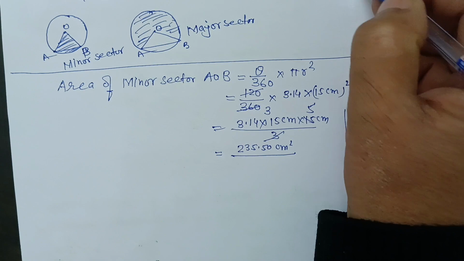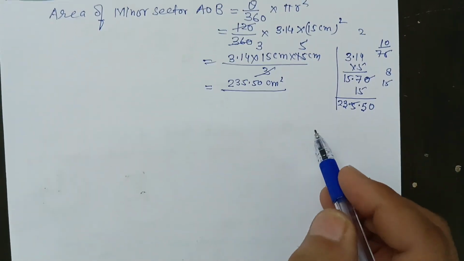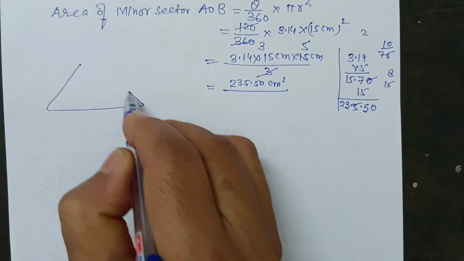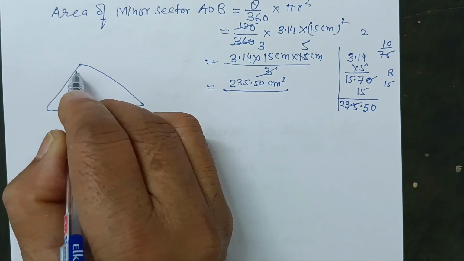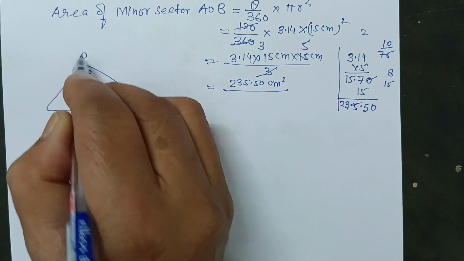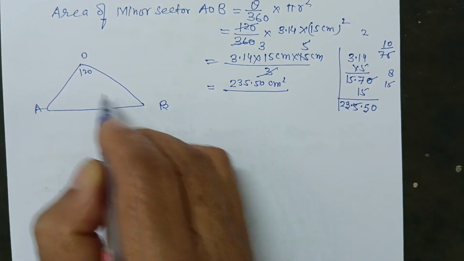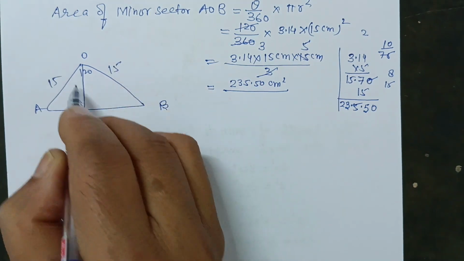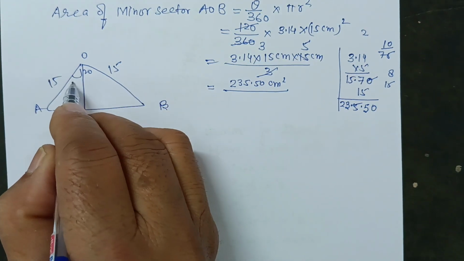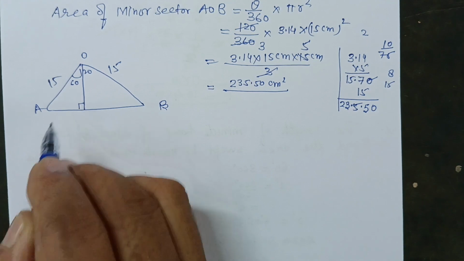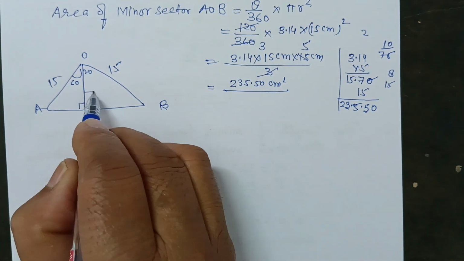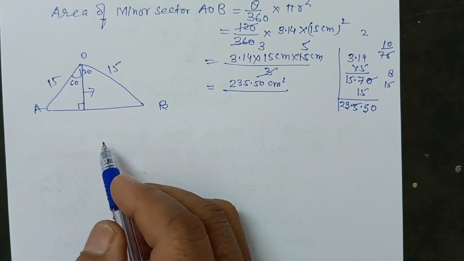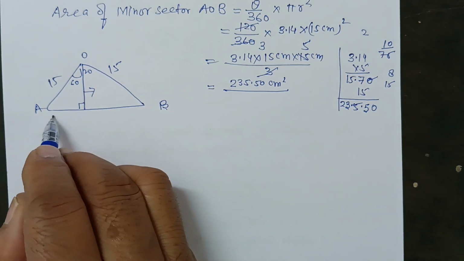After finding the area of this sector, now find the area of this triangle which I am shading here. On drawing the figure, your triangle has 120 degrees at the point O. Since this is an isosceles triangle, we draw the perpendicular and bisect the angle, giving 60 degrees. Now we want to find this adjacent side, and this base also.